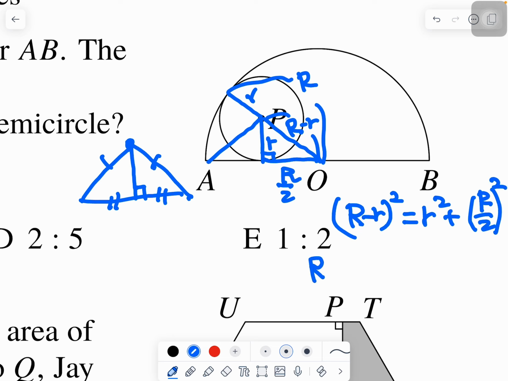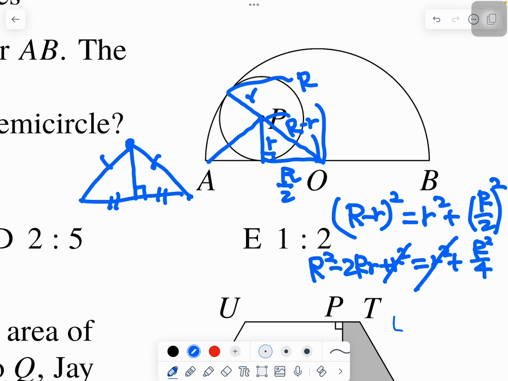So when we expand this, R squared minus 2Rr plus r squared equals r squared over 4. I don't like fractions, let me multiply by 4. So 4R squared minus 8Rr minus r squared equals 0.